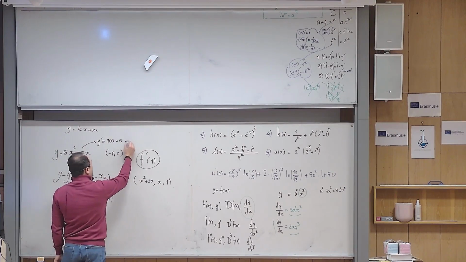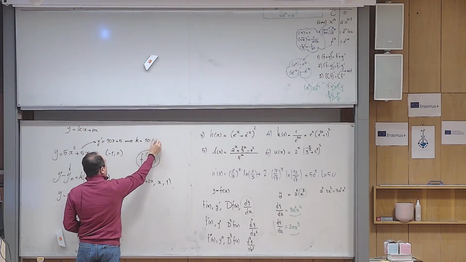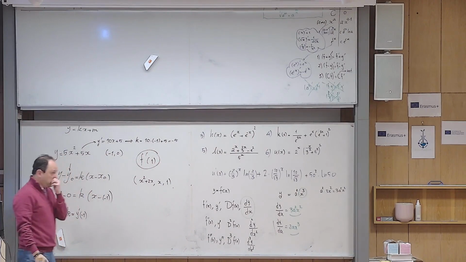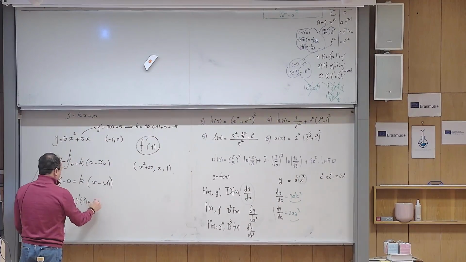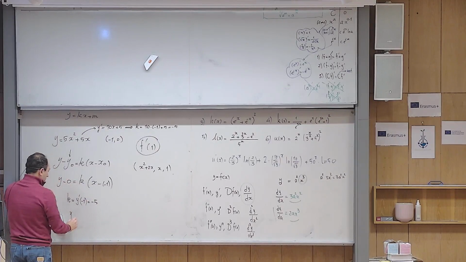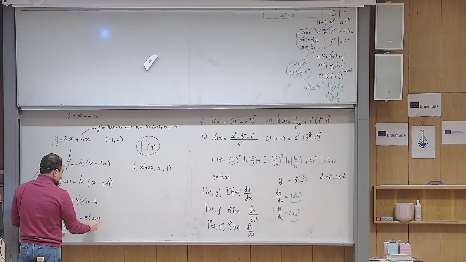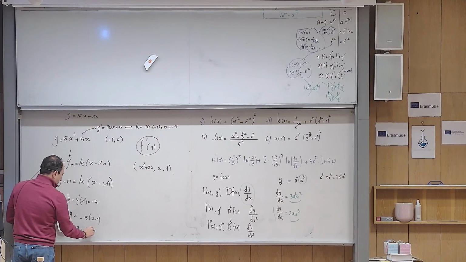So the k value is 10 times minus 1 plus 5, which is minus 5. Yes? And then that's it. Put the numbers in. So y minus 0 is y equals minus 5 times x plus 1. And if you want, I can multiply this in. It becomes minus 5x minus 5.